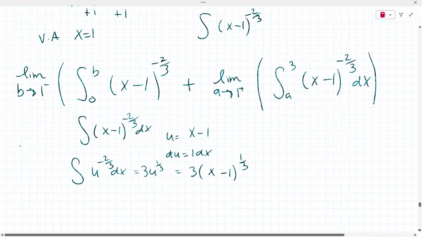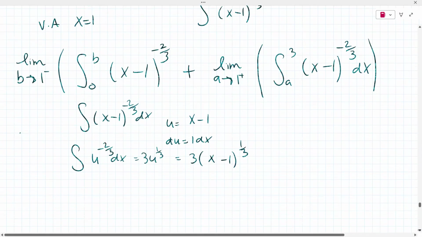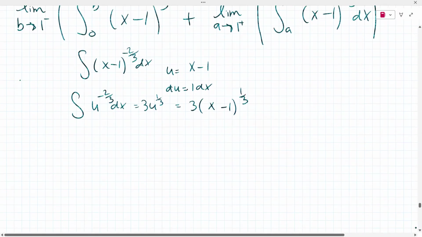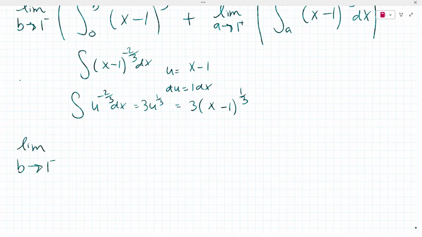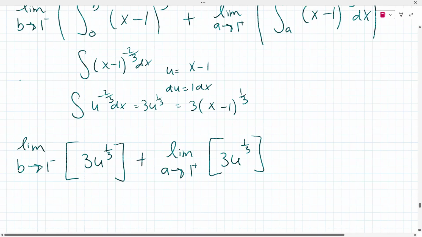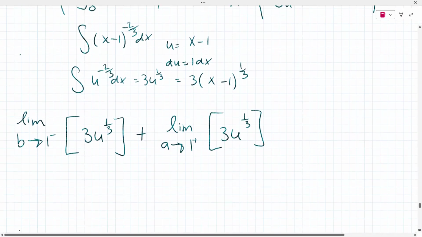Okay, so we'll write out our two limits. It's going to be the limit as b goes to 1 from the left of 3u to the 1/3, plus the limit as a approaches 1 from the right of 3u to the 1/3. Okay, and then apply your fundamental theorem.